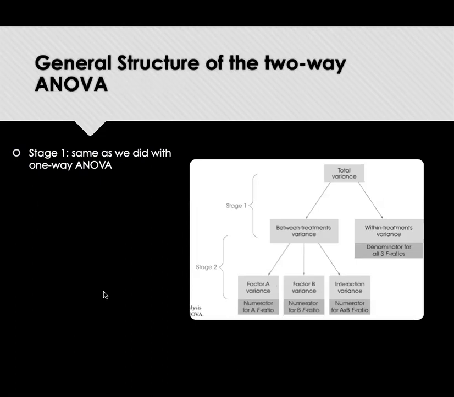So total variance, just like with one-way ANOVA, is going to be broken down into between treatment variance and within treatment variance, right? There's the variance that exists between one level and another, and then there's the variance within each level. And the within treatment variance is going to be the denominator for all 3 F ratios.